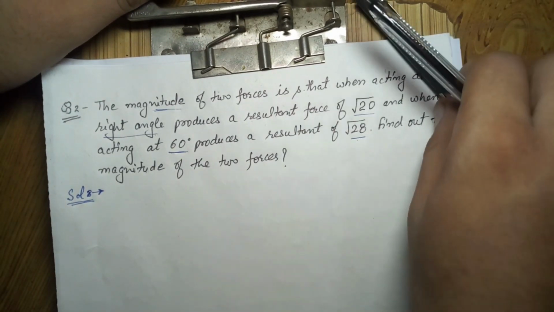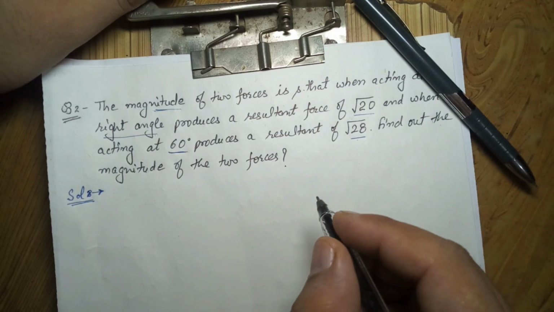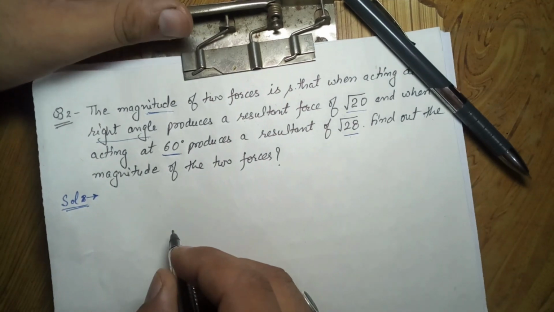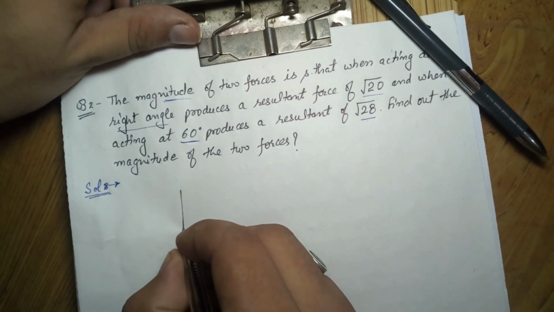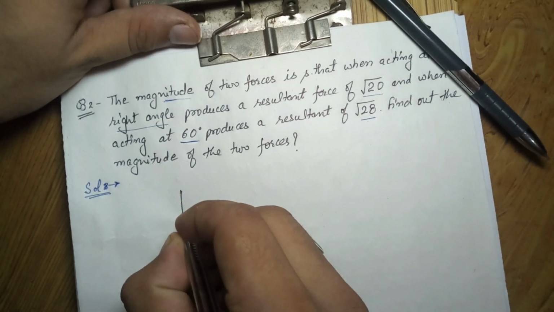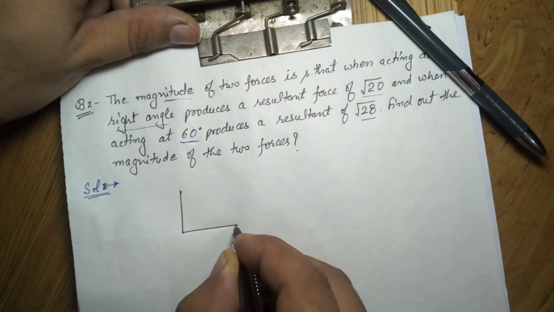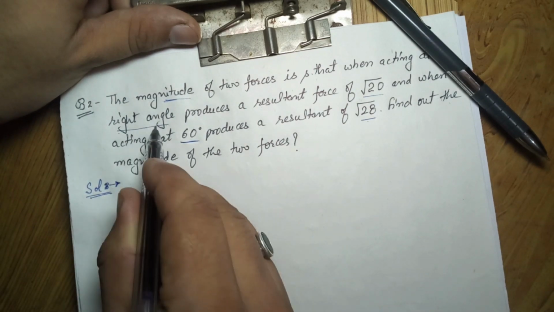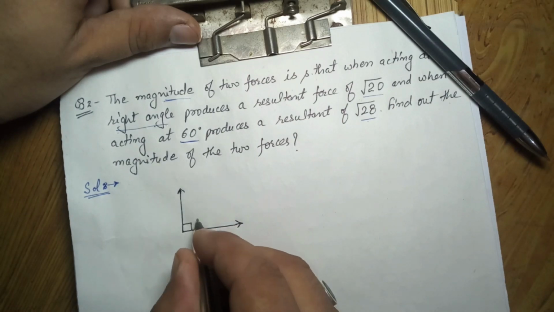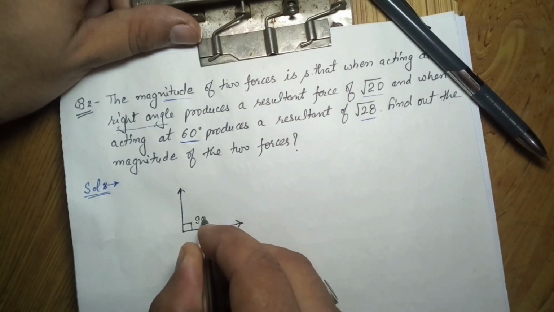If I draw the free body diagram of this question, the two cases are there. In the first case, let's say the two forces are like this. These two forces are perpendicular to each other, so the angle is a right angle, so we draw like this. Let's say this is 90 degrees.